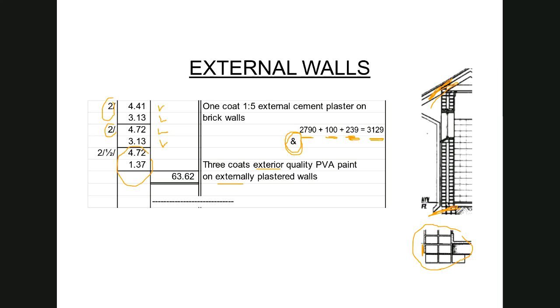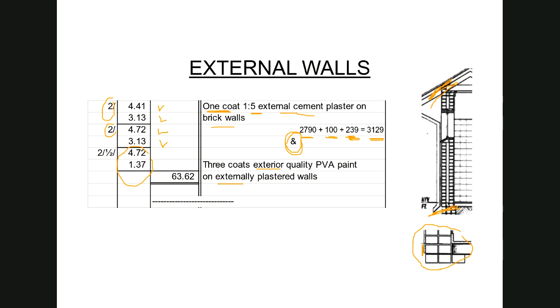And if I can just go back to the description of the paintwork, the plaster itself, sorry. The 1 coat is the thickness. We're stating the mix of the plaster, and we're stating that it is external cement plaster to simply distinguish it from the internal cement plaster.